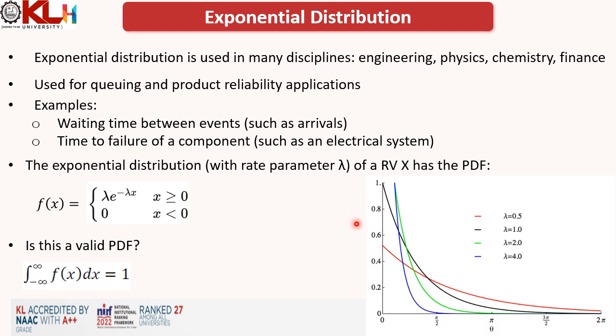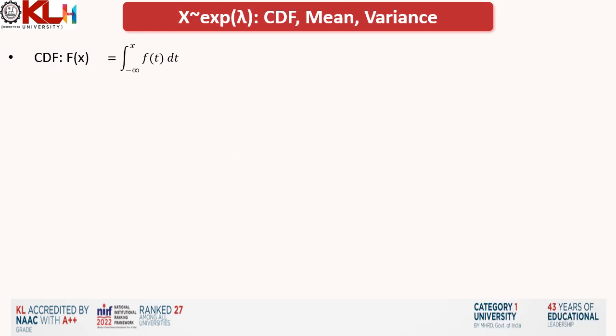The exponential random variable looks like this depending on the parameter lambda, and it's a continuous distribution. You can easily calculate the CDF by integrating the PDF over the interval 0 to x, and that results in the CDF 1 minus e to the power minus lambda x.